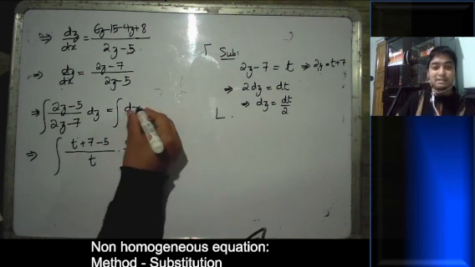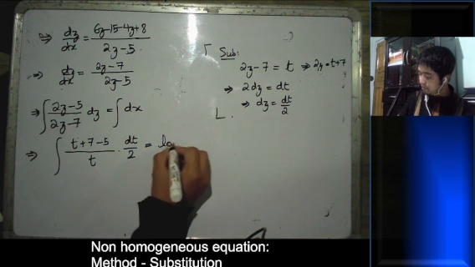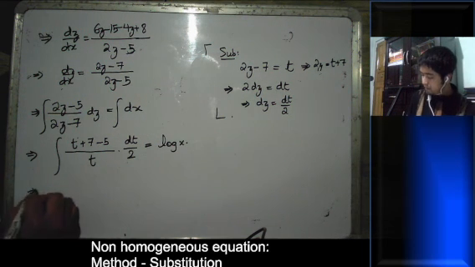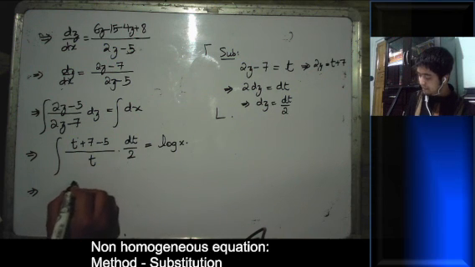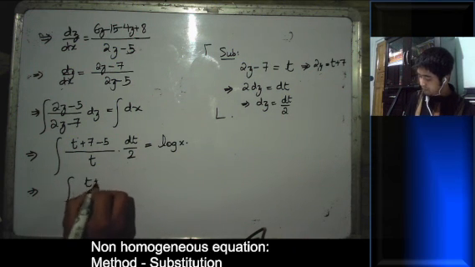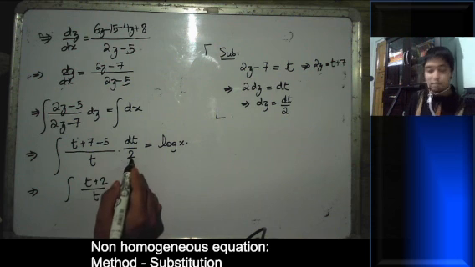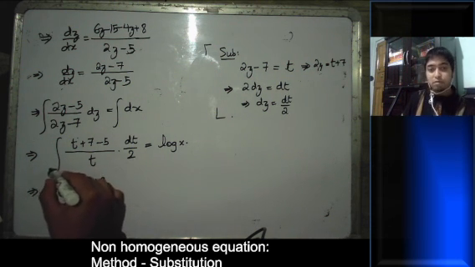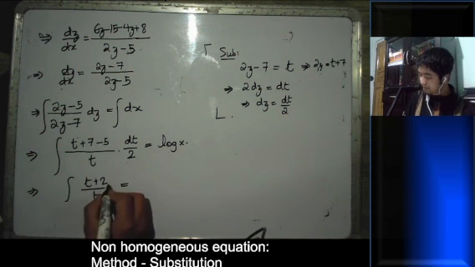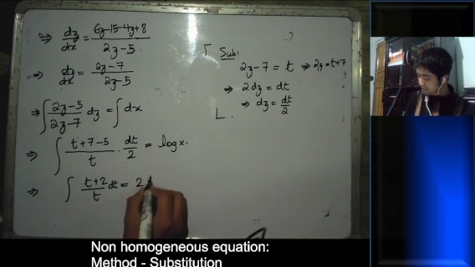and dx integration of it is log x. Okay, so it becomes, okay, this 2 you can take it to that side, t plus 2 by t. 2 it is a constant, you can take it outside. Okay, it will become 1 by 2, multiply it to that side, it becomes 2 log x.